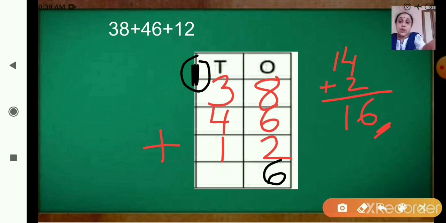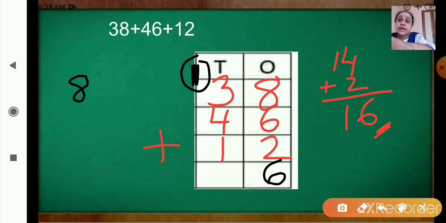Now we will add all these numbers together. That is 1 plus 3, 4. Okay. Remembered? Then 4 plus 4, 8. You can write 8 in your rough place.